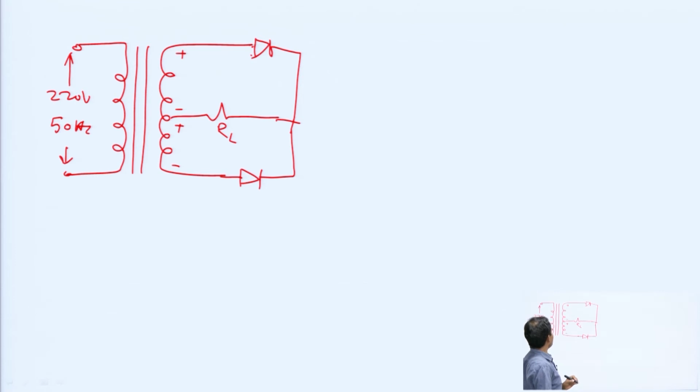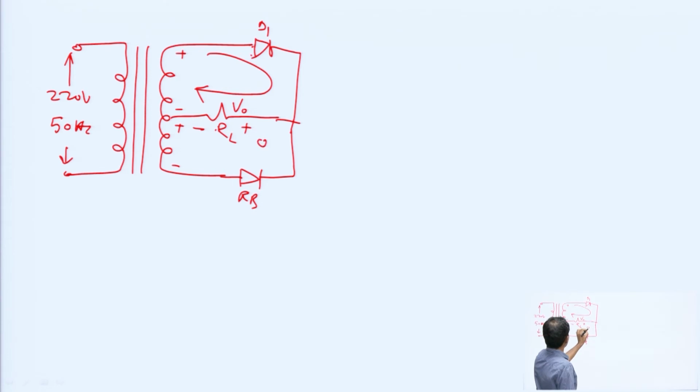This means for the positive half cycle, diode D1 will be in forward bias and D2 is in reverse bias. This is the output voltage V output, and if we apply KVL from this point, with the peak value of the input voltage being Vm, we get plus Vm minus V naught plus 0, since ideally the diode voltage is taken as 0.